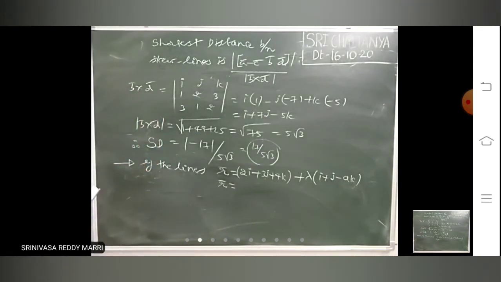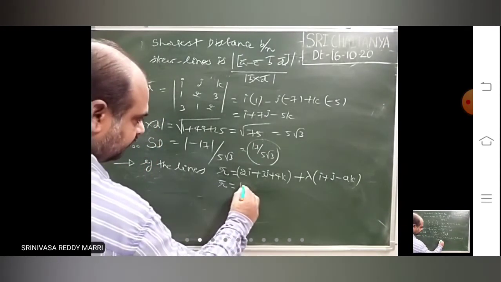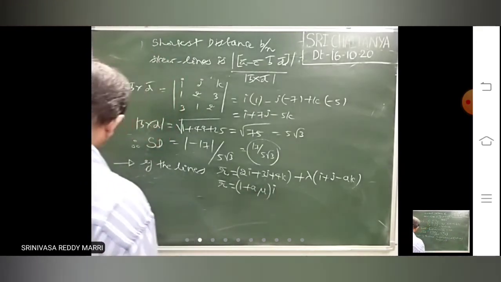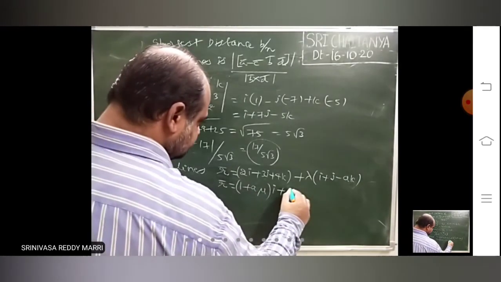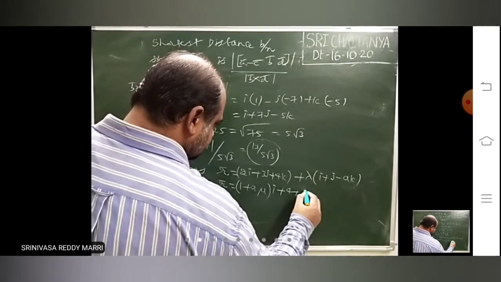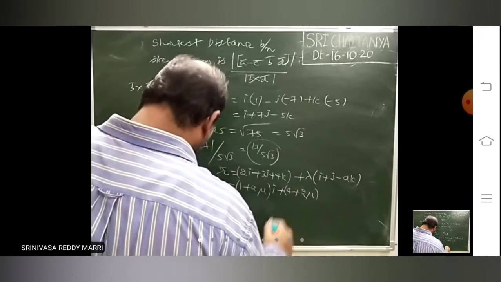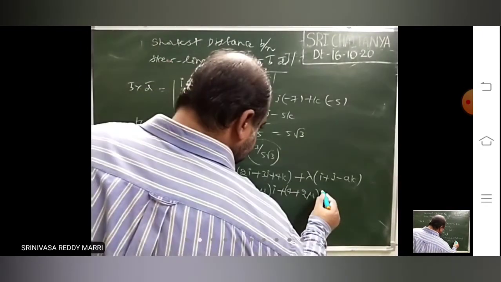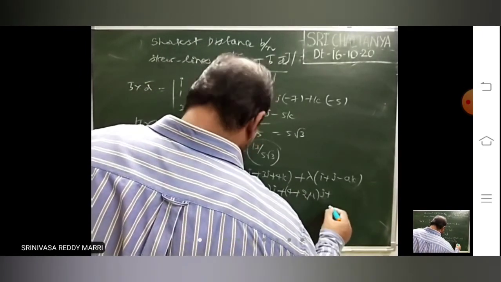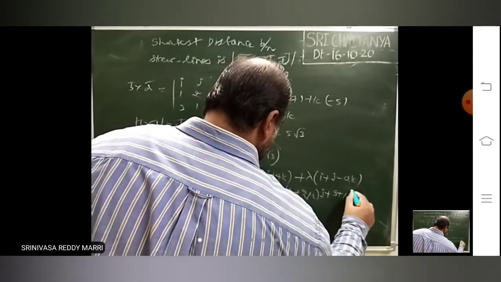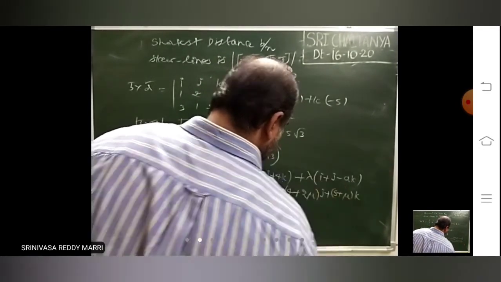r bar equals (1 plus a mu) into i plus (4 plus 2 mu) into j plus (5 plus mu) into k.